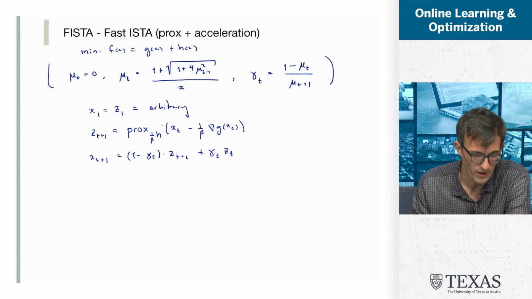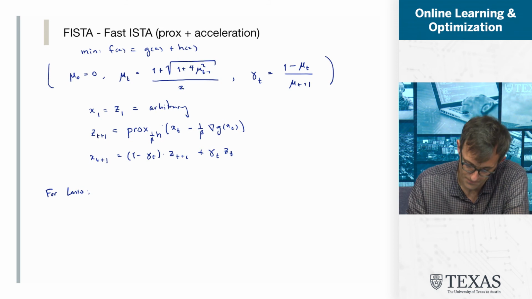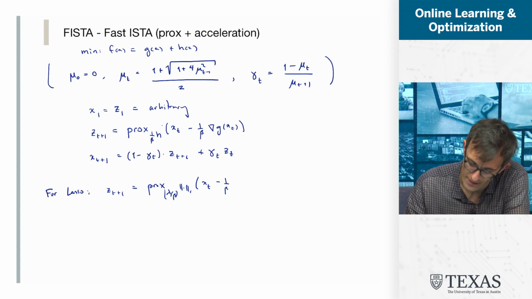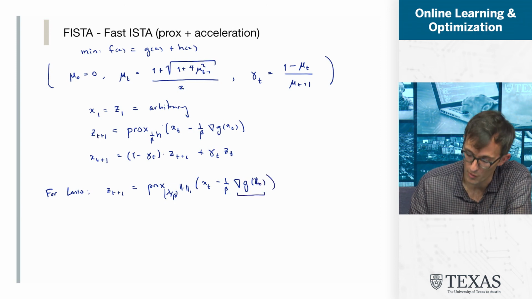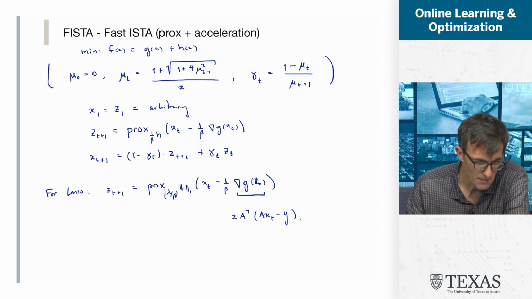So specifically for what we had above, for lasso, this becomes z_{t+1} is equal to the prox of lambda over beta of the L1 norm, evaluated at x_t minus 1 over beta times the gradient of g of x_t, where this term is exactly what we wrote on the previous slide: twice A transpose times (A x_t minus y).